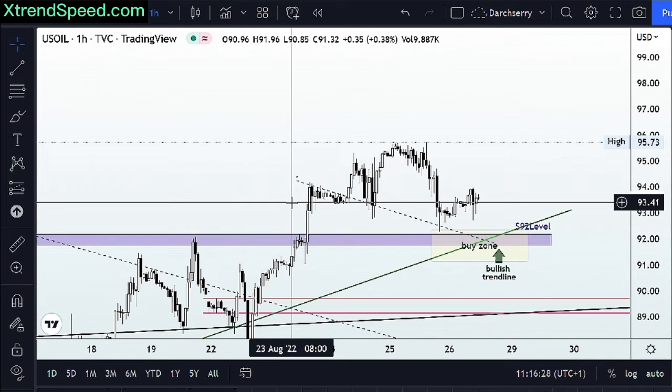Before I go further here, it is appropriate I made mention that we should also take into consideration the fact that today is the last trading day of the week.